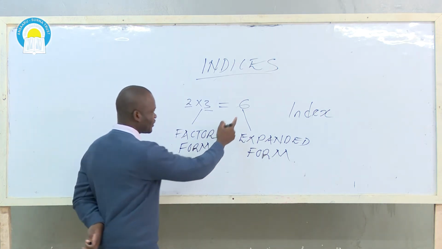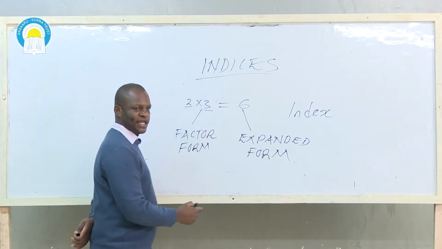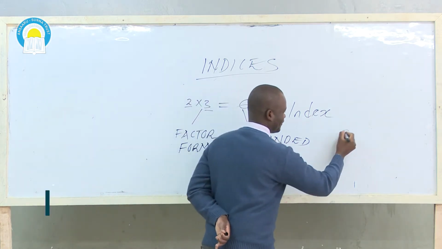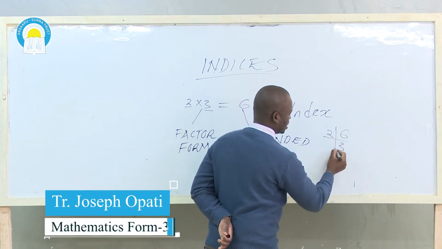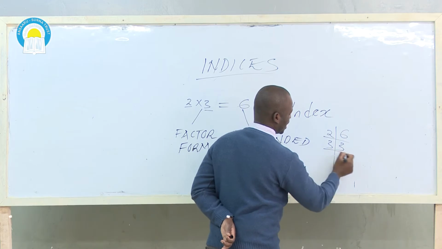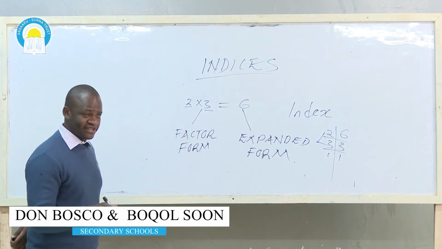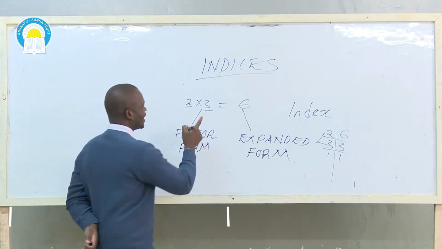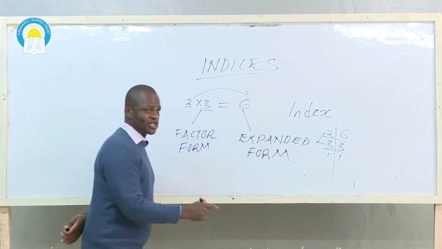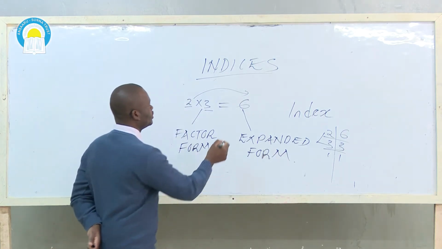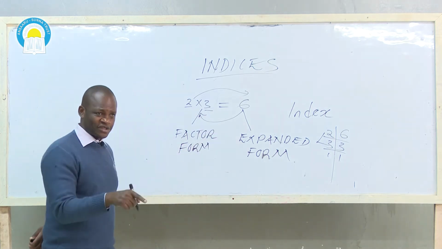And when you reverse from 6 to get 2 and 3, we say you factorize, where we break 6 down into 2 and 3. The 2 and the 3 are called factors. Are we together? So to move from here to there, we call it expansion. To move from this back to this, we call it factorization.